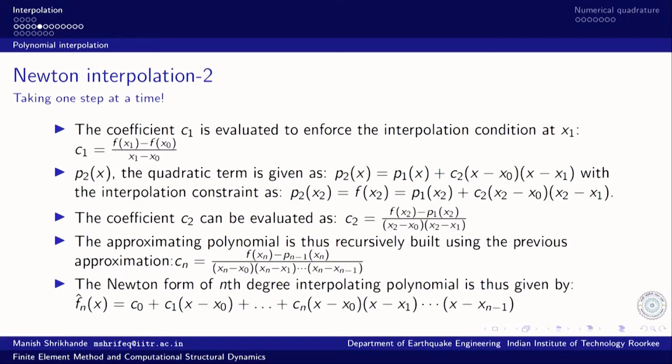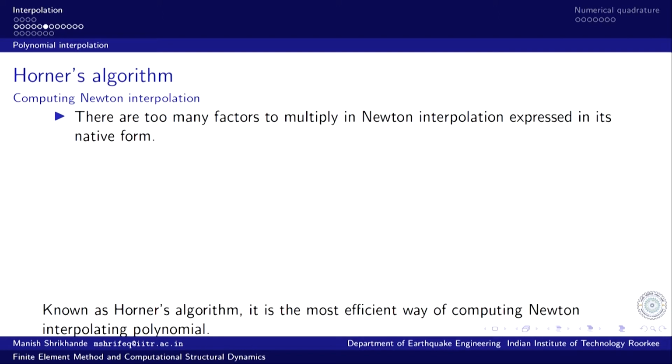So, we can actually minimize the floating point multiplications by recognizing this and rearranging the expression backwards. Instead of starting from the constant term and going all the way to the nth term, we can start writing the expression from the nth term, taking the common factors and working our way back to the constant term.